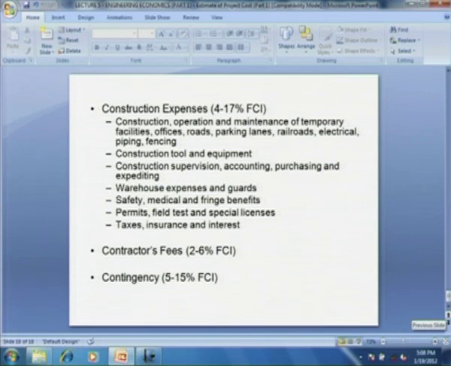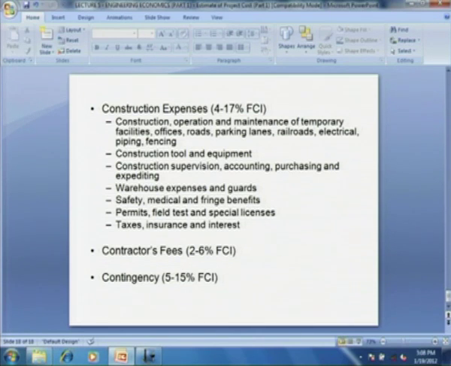This includes construction, operation, maintenance and temporary facilities, offices and roads, parking lanes, railroads, electrical piping, fencing, then construction of tools and equipment, then construction supervision, accounting, purchasing and expediting, warehouse expenses and guards, safety, medical and fringe benefit, permits, field test and special licenses, taxes and insurance and interest.